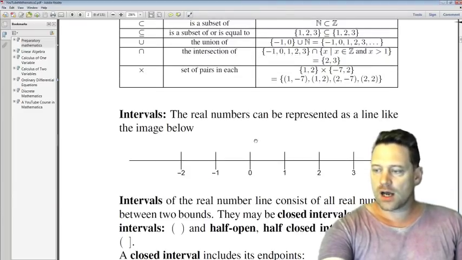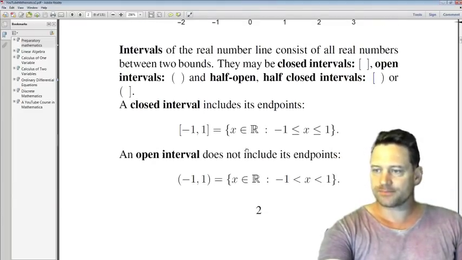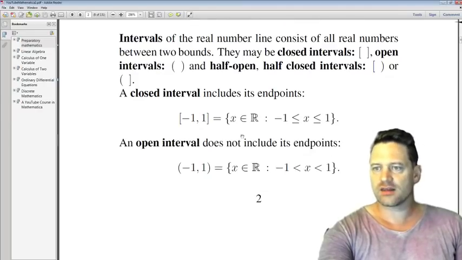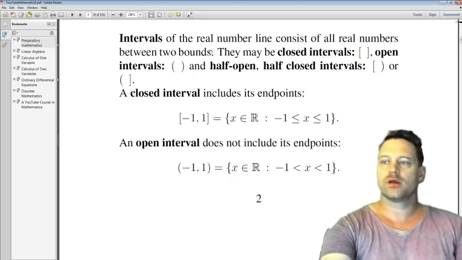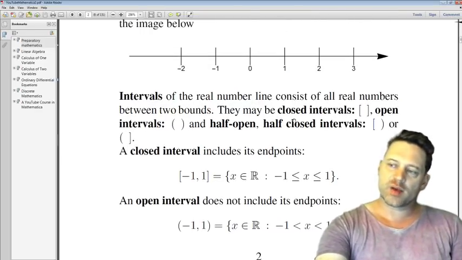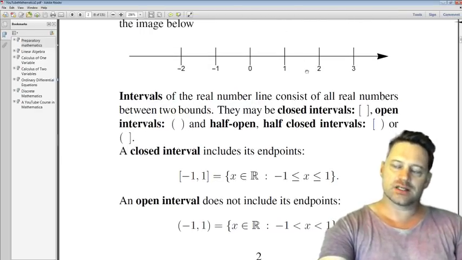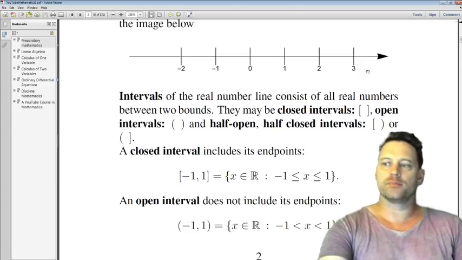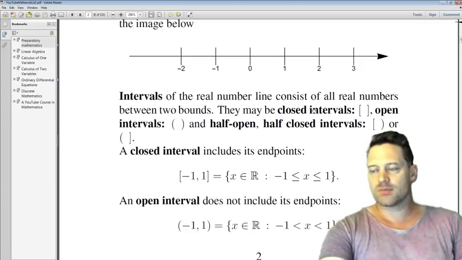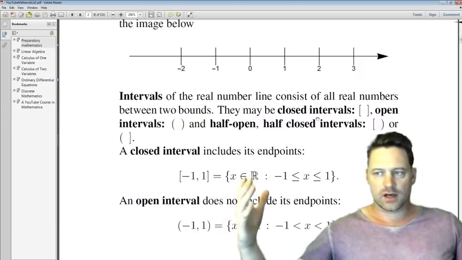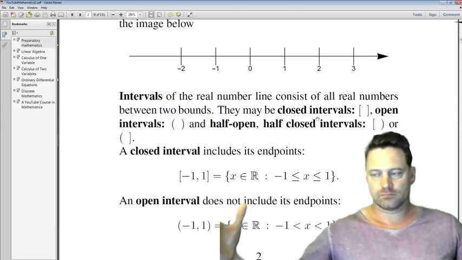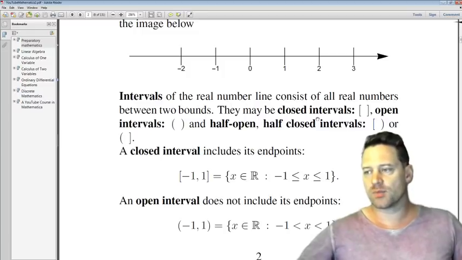All right, so we've talked about the number line. So finally, I think we'll just talk about intervals, and then we'll wrap it up. Okay, so intervals. Well, the best way to think about intervals is with the number line. All right, so these are subsets of the number line, or the real numbers.